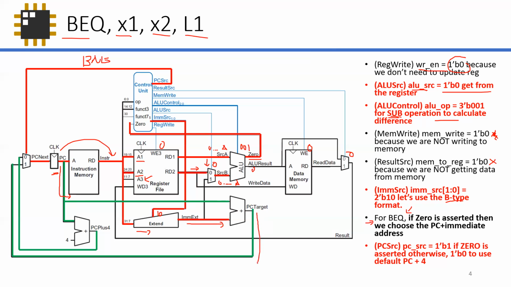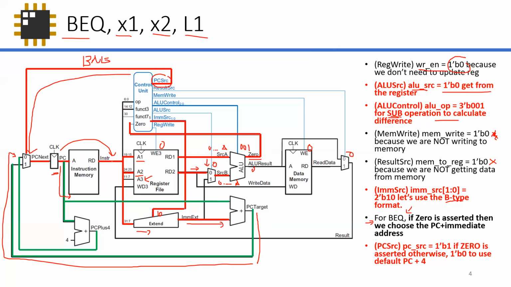And then that's what you're going to feed back into the PC source, right? But you can control your PC source using this PC source control signal, the one that's controlling this multiplexer over here.